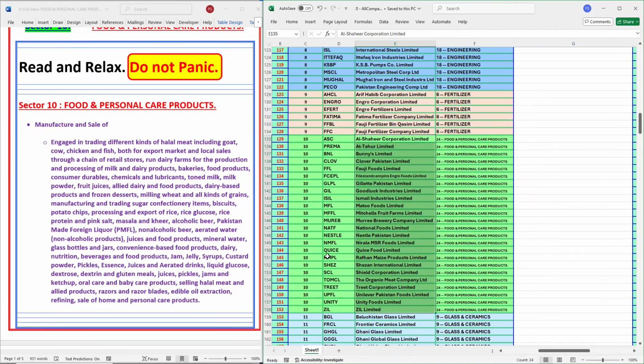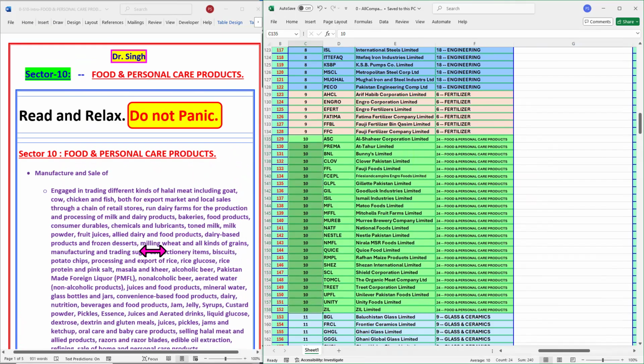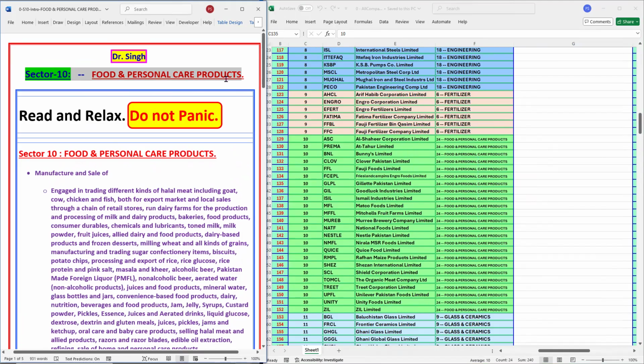So this is sector 10 over here. And let's come back to the left side over here. And here's my name. We are dealing with sector number 10 that deals with food and personal care products.